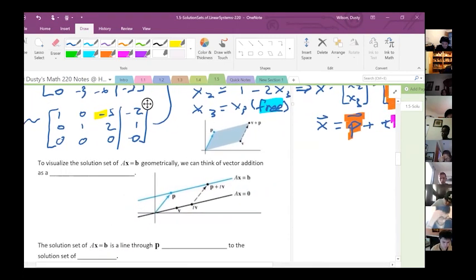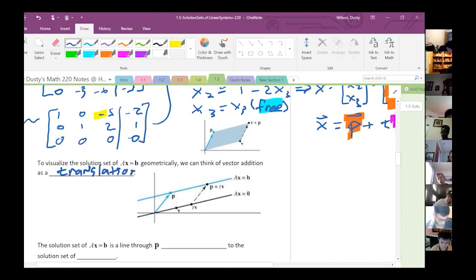To visualize the solution set of Ax equals b geometrically, you can think of vector addition as a translation. So what we're saying is that this line right here is all the solutions to the homogeneous equation. And then we have a translation, and our translation would be P.